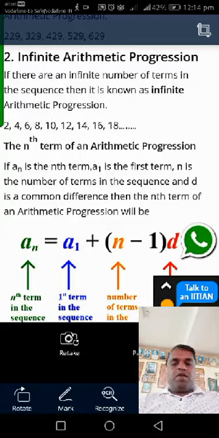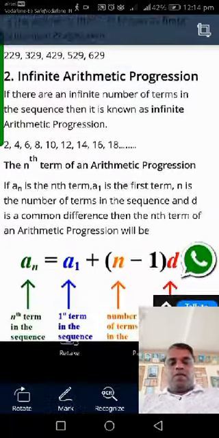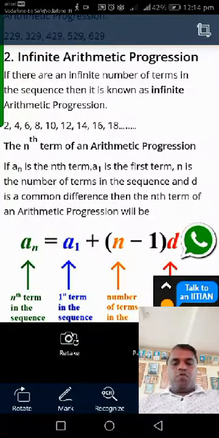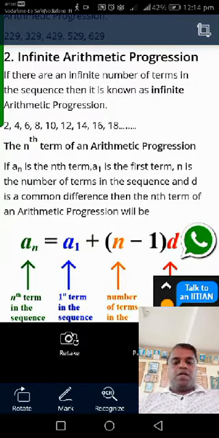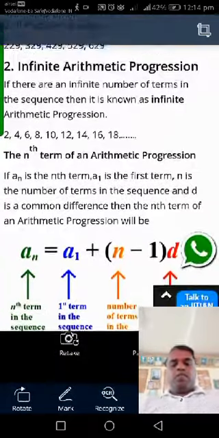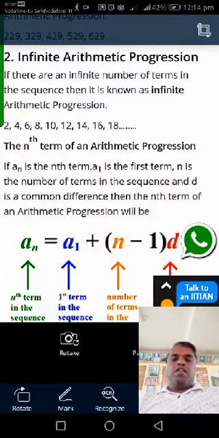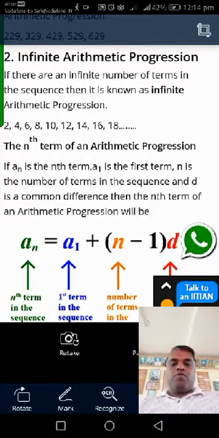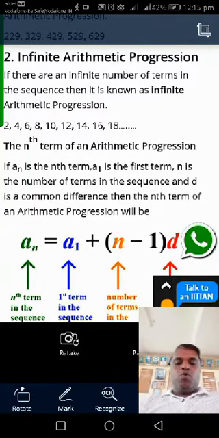This is the formula to find the nth term. an is the nth term in the sequence, a1 is the first term, n is the number of terms, and d is the common difference.